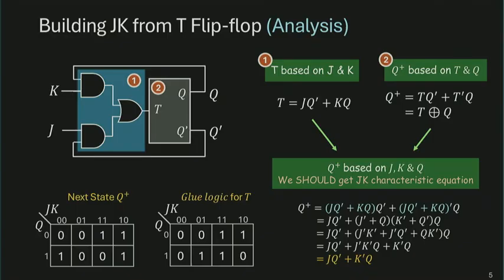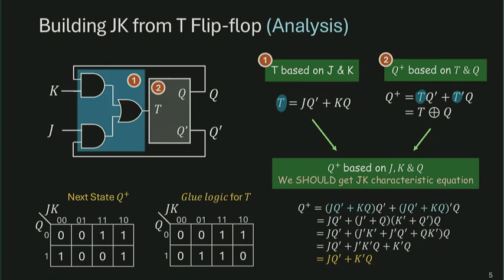But if you look at the characteristic equation, the next state is defined in terms of T and Q. But T, the T variable, is really another combinational function. So the flip-flop will work based on the T inputs, but T inputs come from another combinational function, defined on the left.